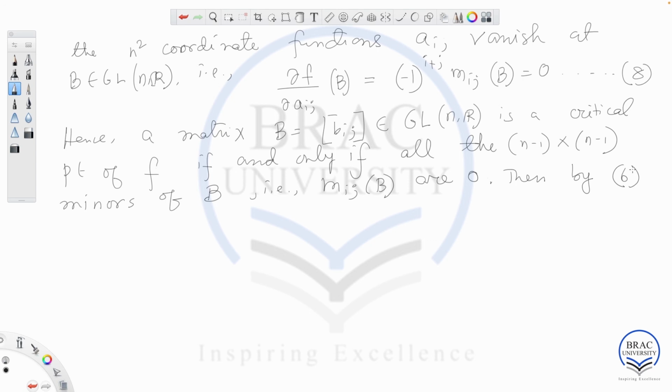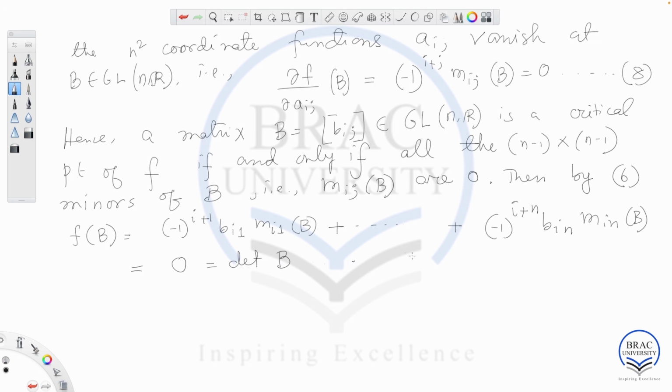So according to equation number 6, f of B is equal to (-1)^(i+1) b_i1 M_i1 of B plus all the way up to (-1)^(i+n) b_in M_in of B. And since all these minors are identically 0, this is equal to 0, which is the determinant of B. This is equation number 9.